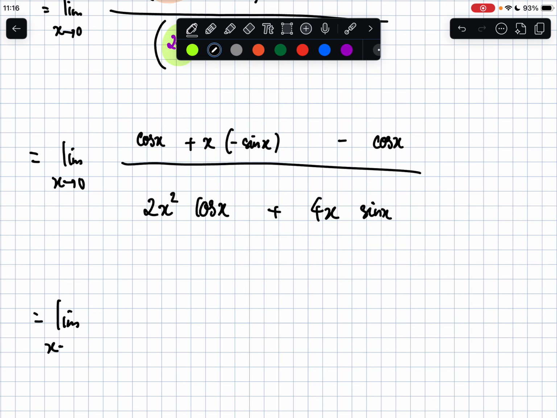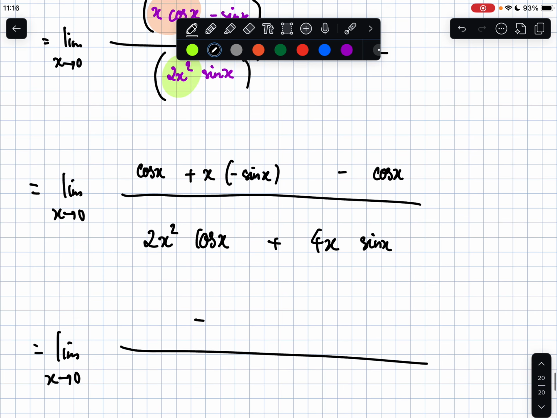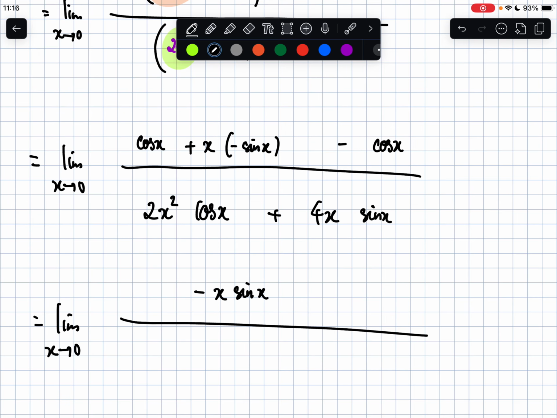Limit x to 0. Cosine minus cosine, so you only have x times sin of x up there, and down there you have 2 times x squared cosine x, plus 4 times x sin x.